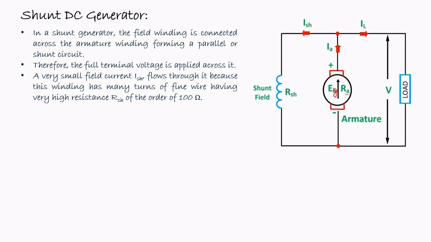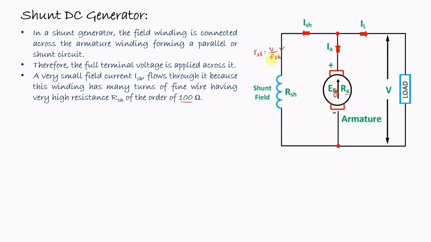It is in the order of 100 ohms. So remember one thing, as the voltage across the field winding is equal to the load terminal voltage, the current which is flowing through the field winding can be written as V upon Rsh.